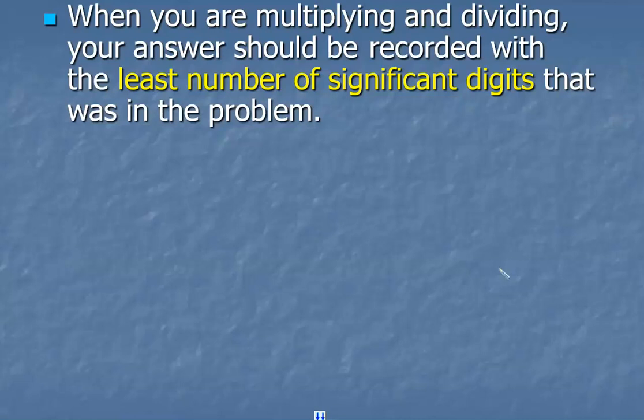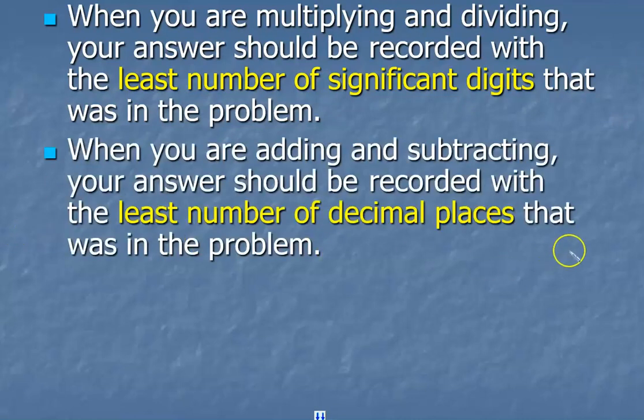We're going to round our answer so that it matches the least amount of significant digits in the original problem. When you're adding and subtracting, you're still going to round. It's still least, but this time it's going to be about decimal places. It is called a significant digit rule, but it's really not a significant digit rule. It really is an adding and subtracting rule, or a decimal place rule.